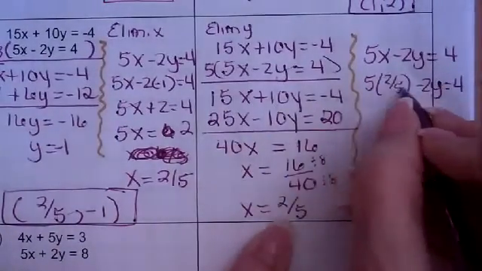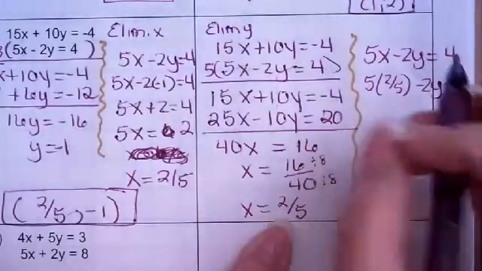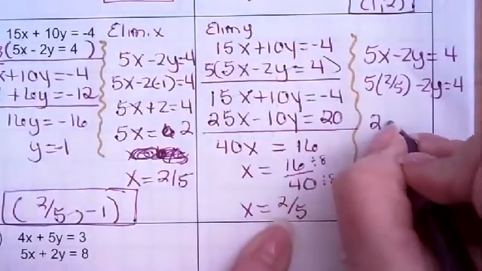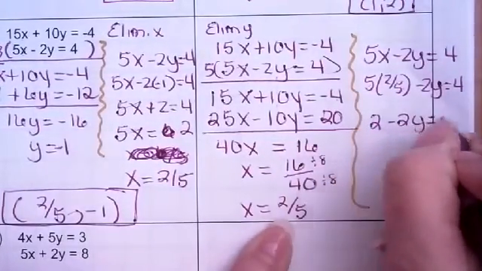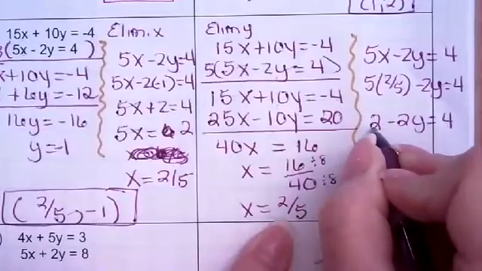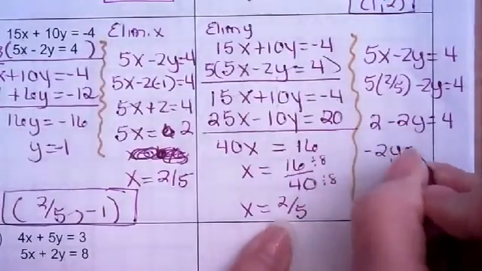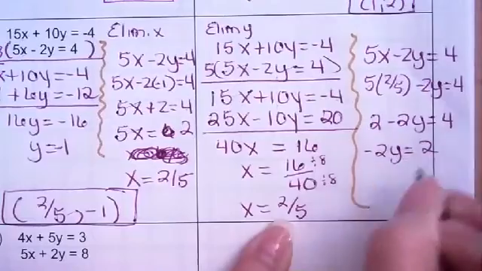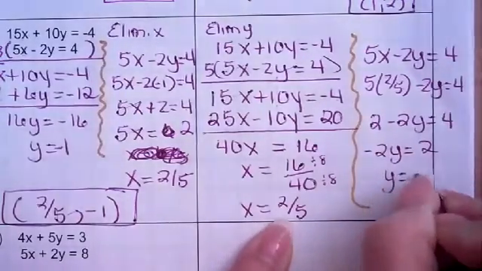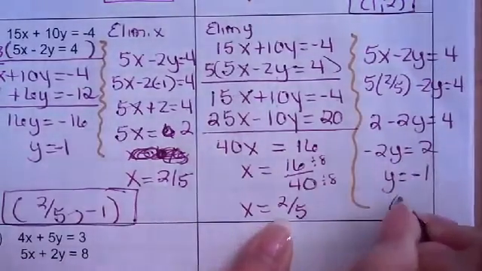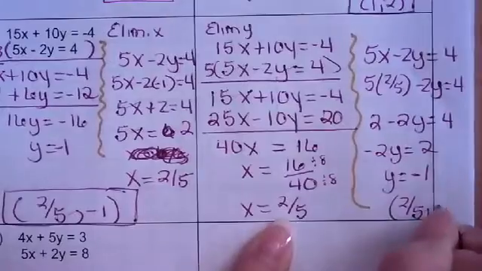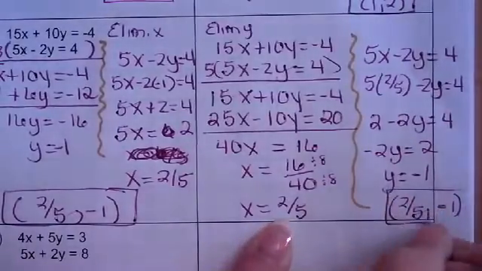Well, 5 times 2/5, you're multiplying by 5, dividing by 5, so that's just a 2 minus 2y equal to 4. If I subtract the 2, I got negative 2y equal to 4 minus 2, which is 2. If I divide, I get negative 1. So I still have the answer 2/5 and negative 1.